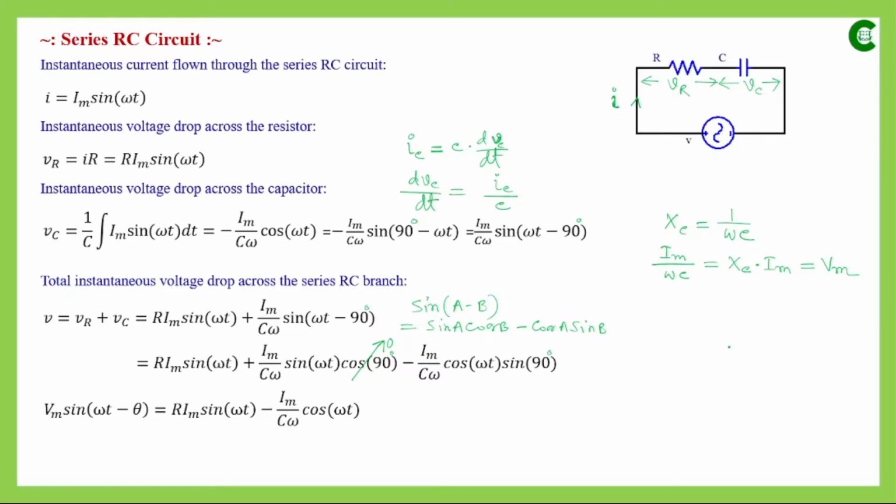Now, if we draw the phasor diagram, since I was taken as a reference, let's draw the phasor of I first, and this is the phasor, suppose. Now we have seen that the voltage drop across this resistor is in the same phase with this supply current. So if this is the phasor of VR, then I and VR will be in the same phase.